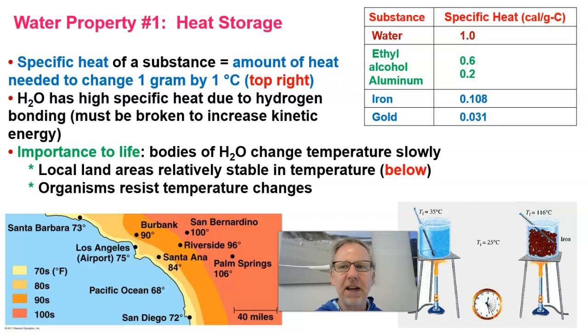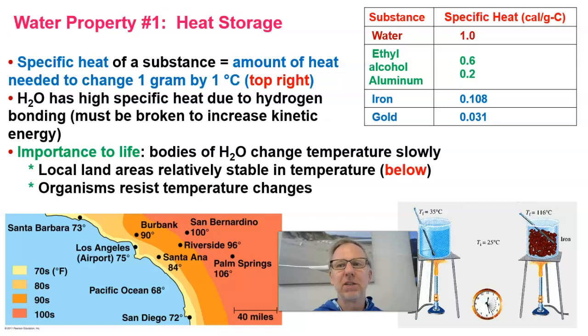So you can see in the table that I inserted in the top of the slide that water has a specific heat of 1. That means it takes 1 calorie of energy to change 1 gram of water by 1 degree Celsius. You can see in comparison, ethyl alcohol, which is the alcohol that's in a beer or wine, is 0.6.